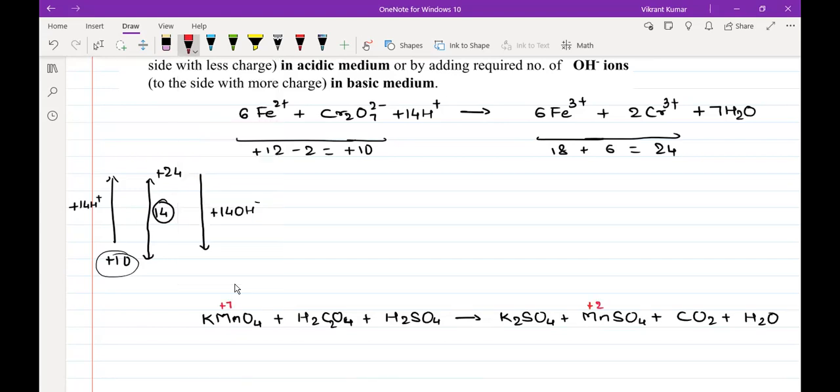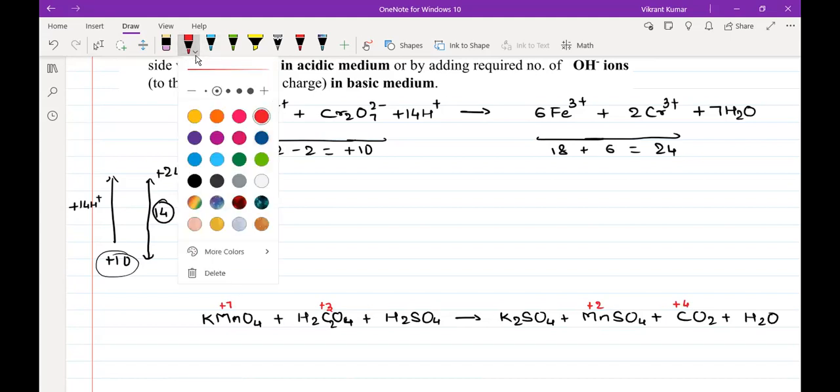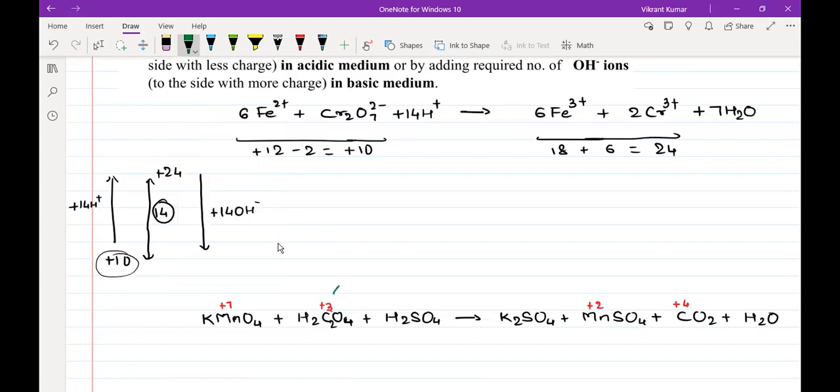So just I'm assigning the required one only. +3, +2, +4. Now if you check, if I say oxidation किधर हुआ है, so this is oxidation. I'll just write it like this. So this is oxidation in which it is going from +3 to +4.